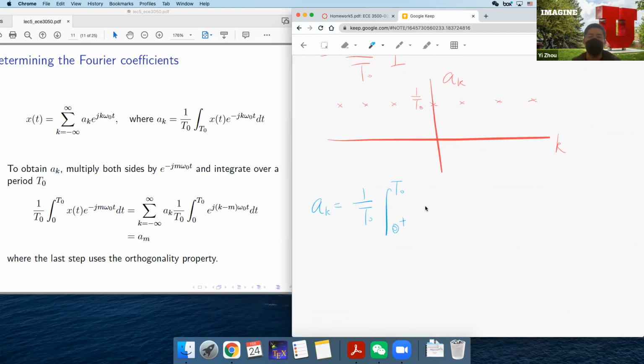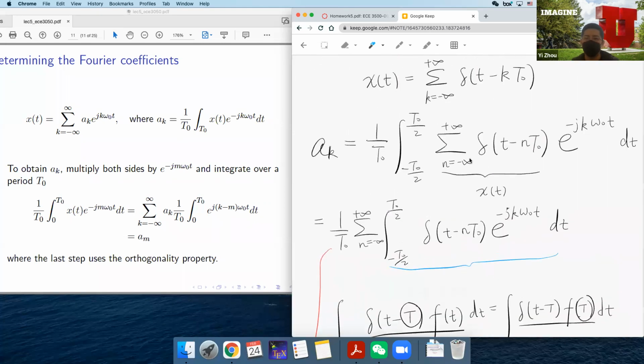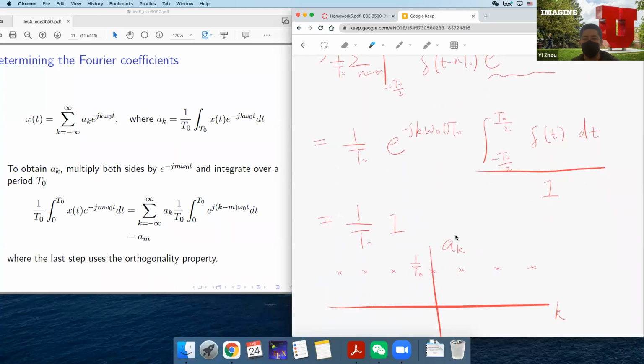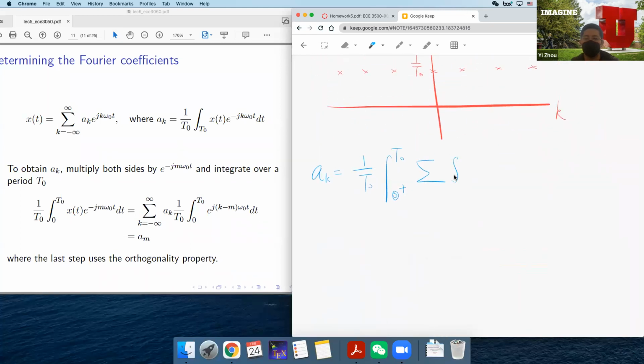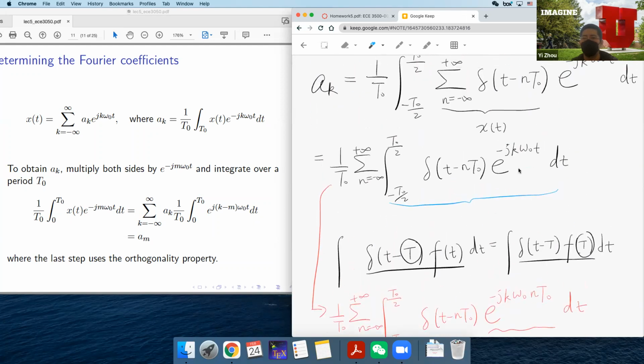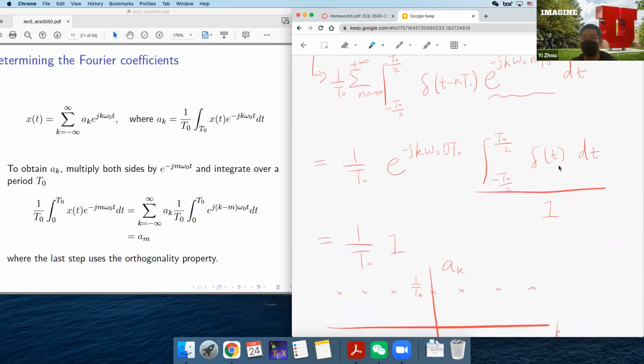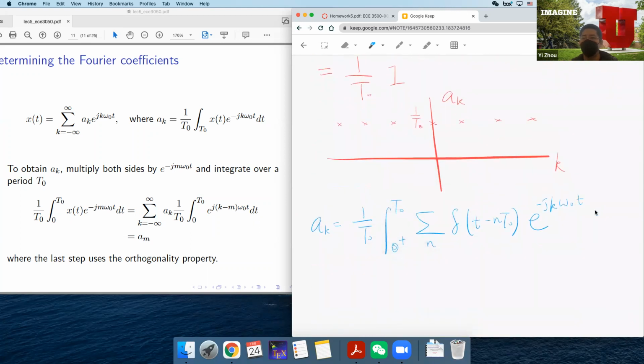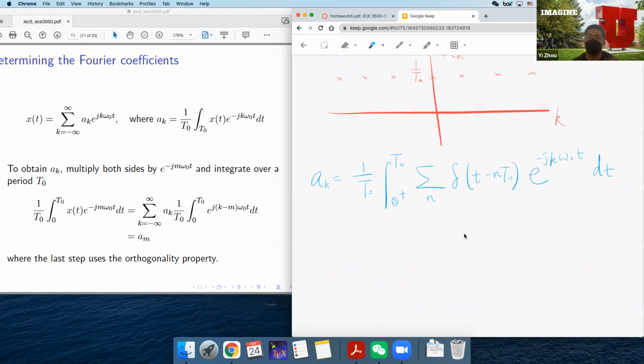Okay, this one, now x(t) is that summation of delta(t minus nT). And then we do the same thing.